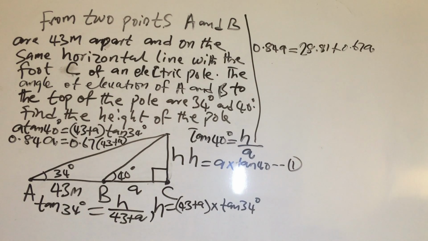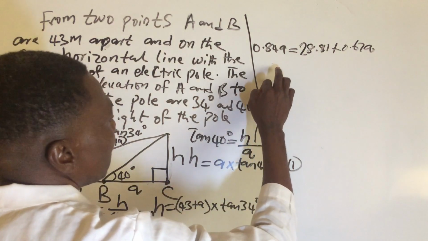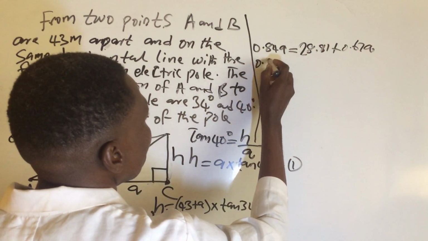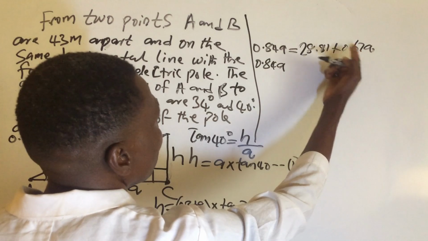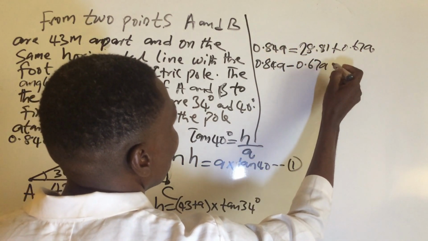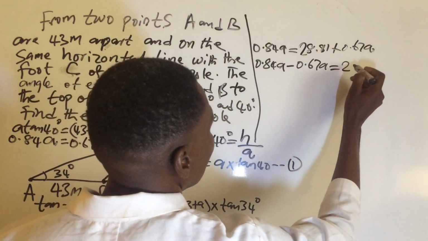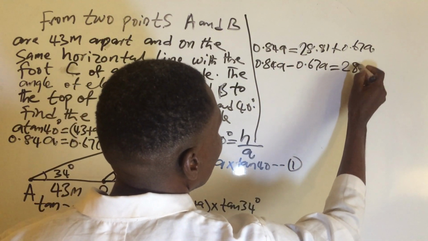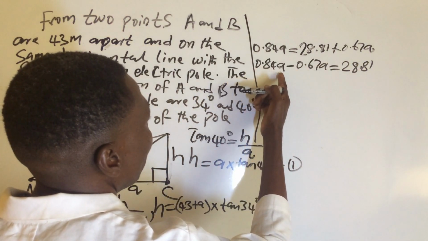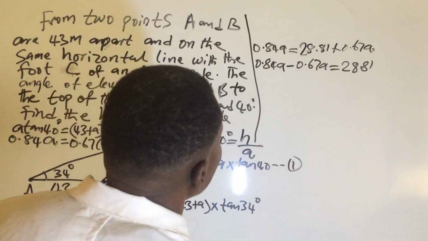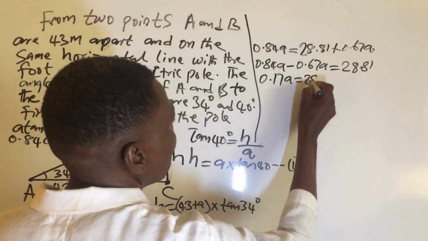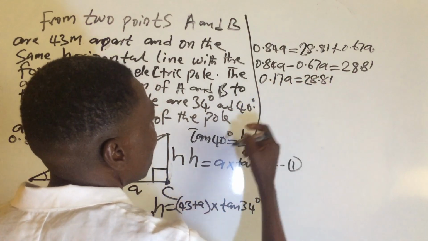Now let's collect like terms, okay? We have a here, we have a here. So we're going to shift it to one side. Now 0.84a, bringing this one to this side, will become minus 0.67a equals to the one that is remaining here, which is not a like term with them, which is 28.81. Now, when we subtract 0.84a minus 0.67a, what is the answer? 0.17a equals 28.81.